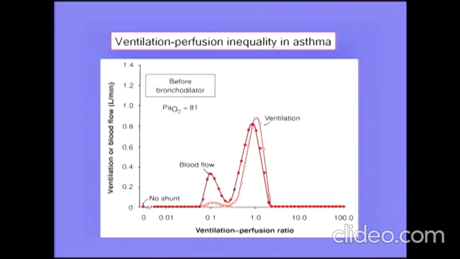Now, you can look at the distribution of ventilation perfusion inequality in asthma, and I'm going to show you a couple of examples here. Actually, these are measurements made in our laboratory a number of years ago, and this particular patient was a young patient with asthma. It wasn't all that severe. As you can see, his arterial PO2 was 81, probably should have been in the mid-90s somewhere.